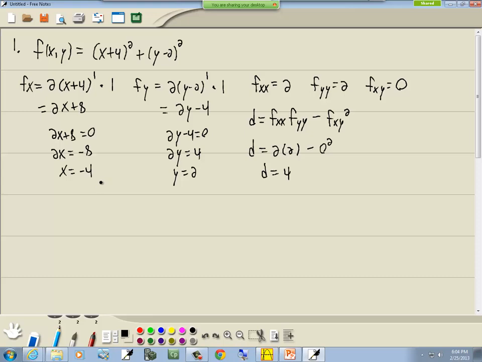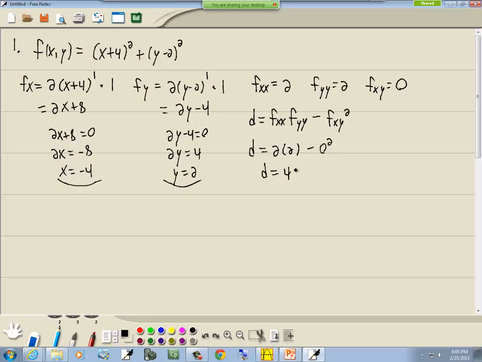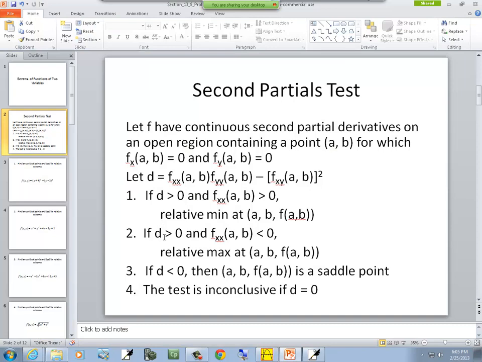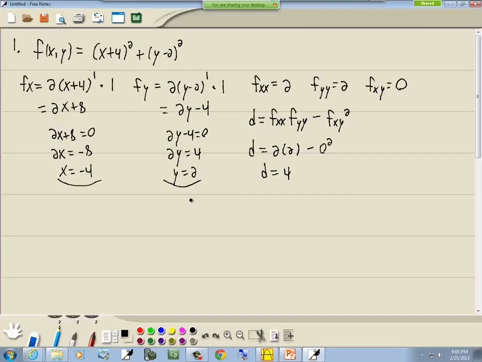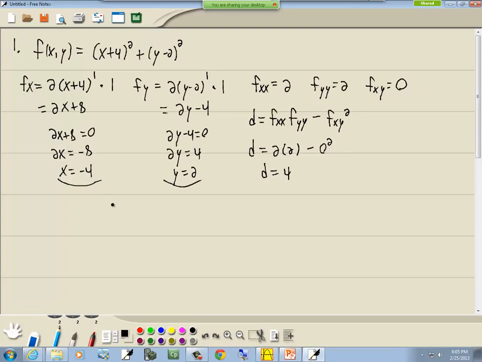Okay, this is our critical point right here. D is greater than 0, so it's going to be either a min or a max. Our second partial with respect to x up here is equal to 2, which is greater than 0. So it tells us it's a relative min at (negative 4, 2).